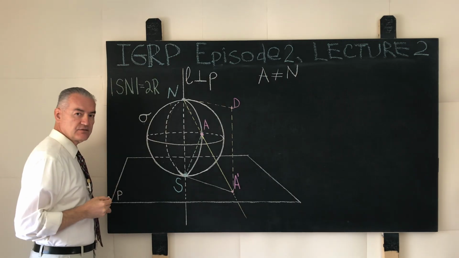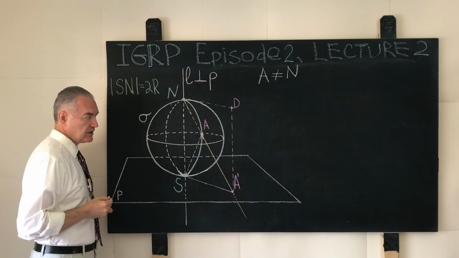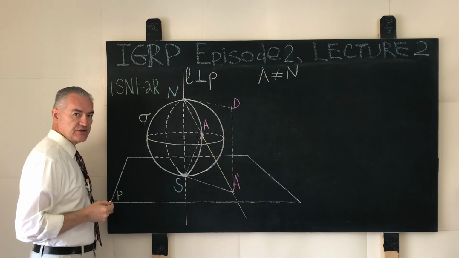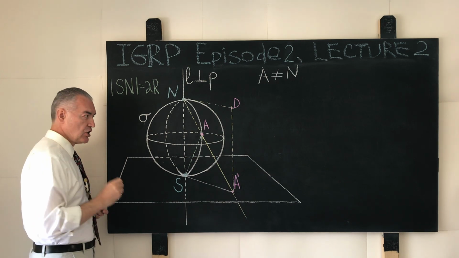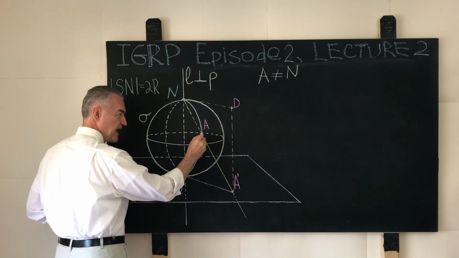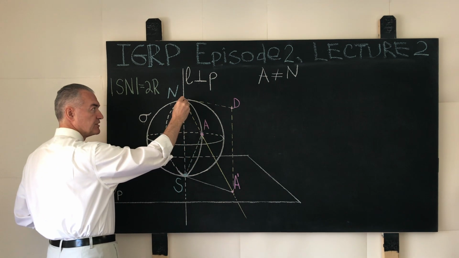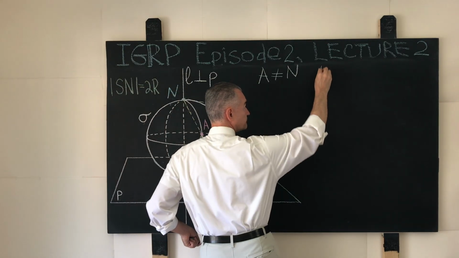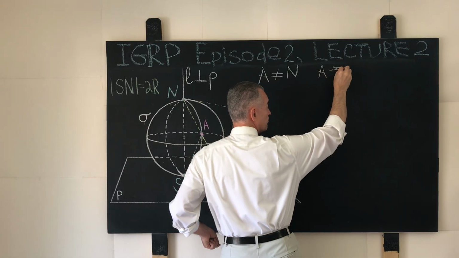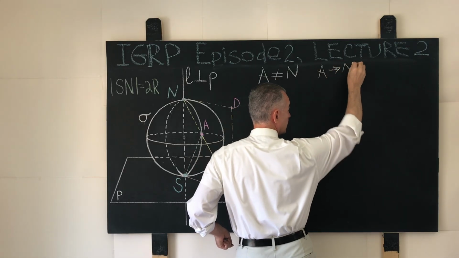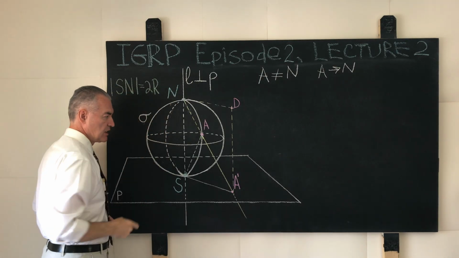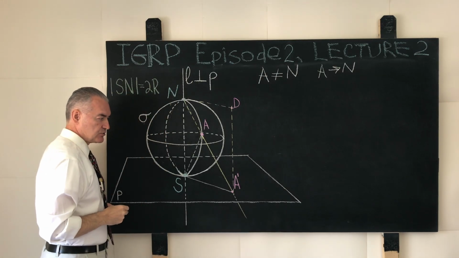So the way in which things stand right now, the only possibility that we have to continuously roll the point A into the point N, the north pole of the Riemann sphere sigma, is as follows.